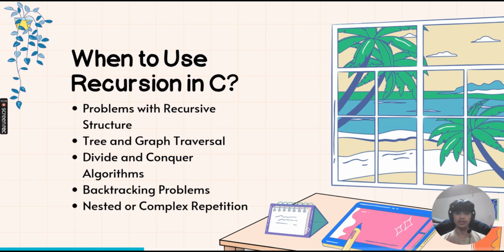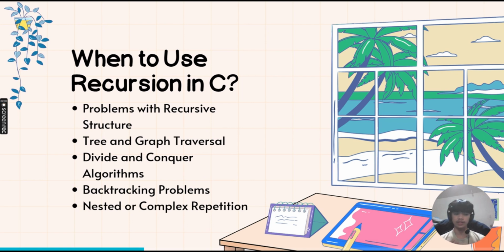When to use recursion in C? First, problems with recursive structure, when the problem itself can be naturally divided into smaller subproblems, for example factorial, Fibonacci, and GCD. The next one is tree and graph traversal.